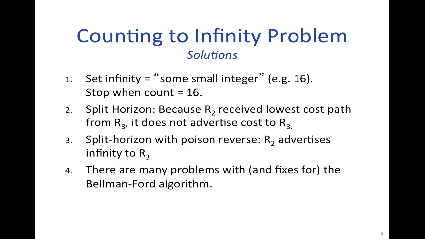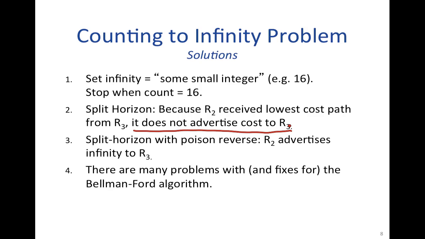Essentially, because R2 received the lowest cost path from R3, it does not advertise that cost to R3. In other words, because R2 was originally receiving that lowest cost path from R3, it doesn't send those advertisements to R3, and so R3 will never think that it can reach R4 via R2.